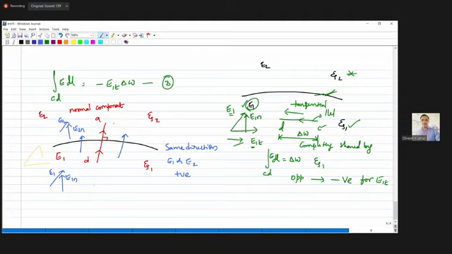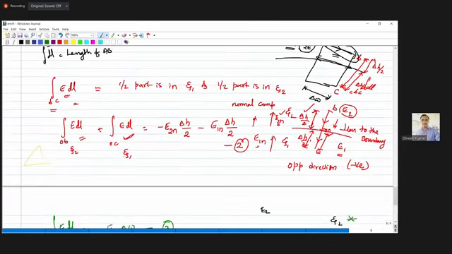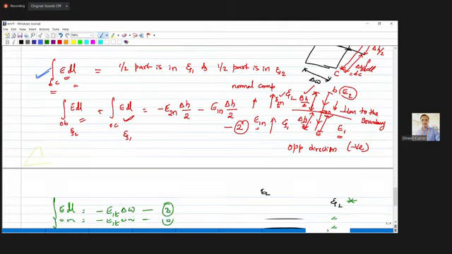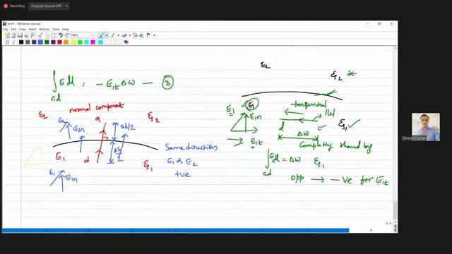But here, half of the part is in epsilon 2 and half is in epsilon 1. So that is delta H by 2, and similarly it is also delta H by 2. So earlier what we have done in the case of the conductor BC, similarly we have to do for the conductor DA also.